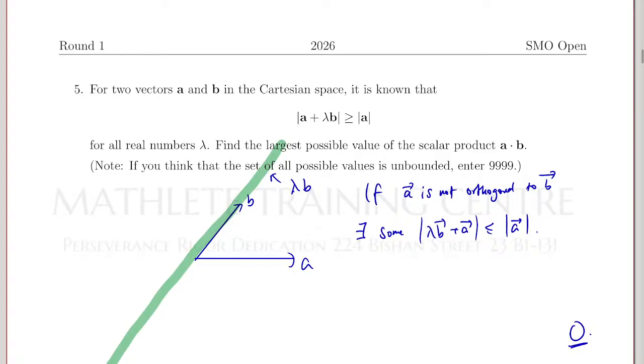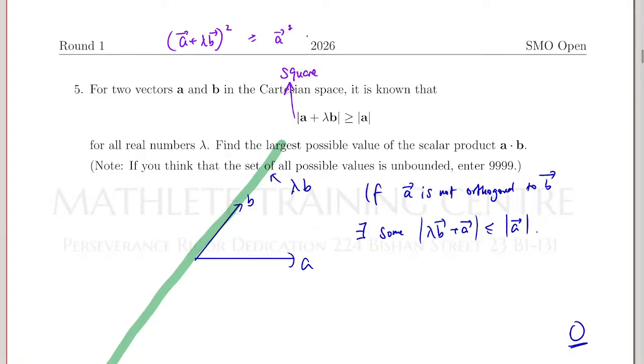Now, this idea is more of an intuition-based idea. But of course, if you don't want this intuition-based idea, you can go for a more algebraic approach. What you can do is start from this inequality and square it. We get that A plus lambda B squared is at least A squared.